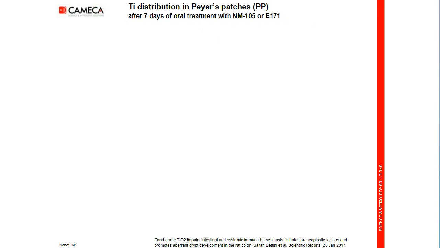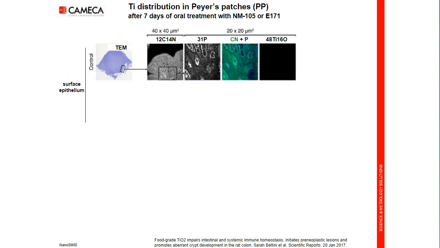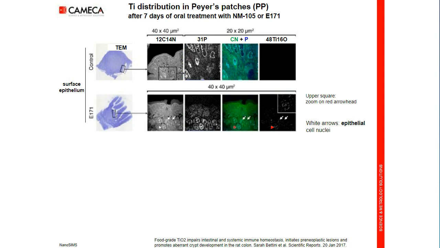The study compared the difference between surface epithelial cell and Peyer's patch cell. So in the surface epithelium cells, we do not see titanium oxide particles in the control cells, that's normal, coherent, but we see a faint signal of titanium oxide particles in the cell nuclei.